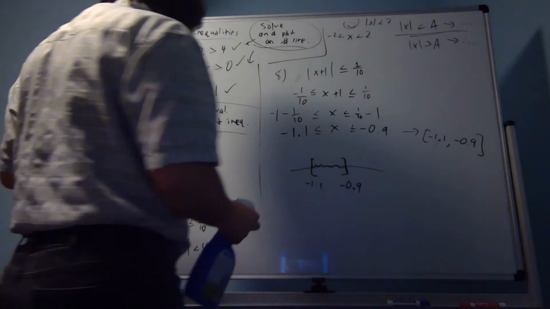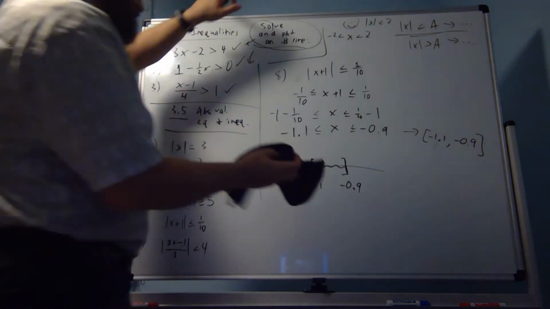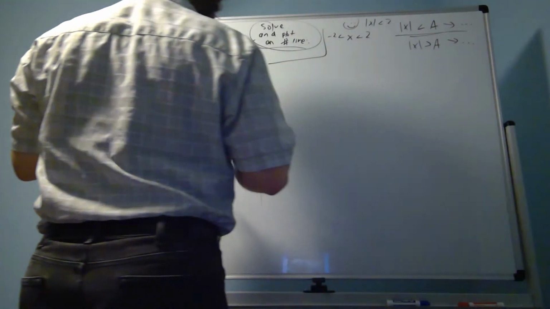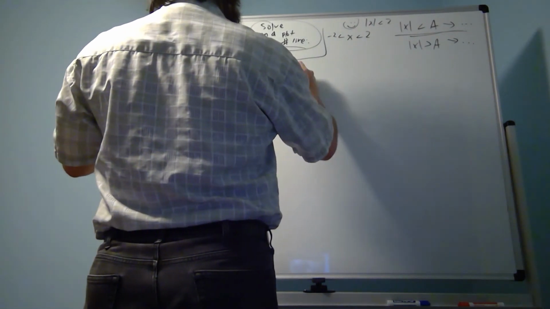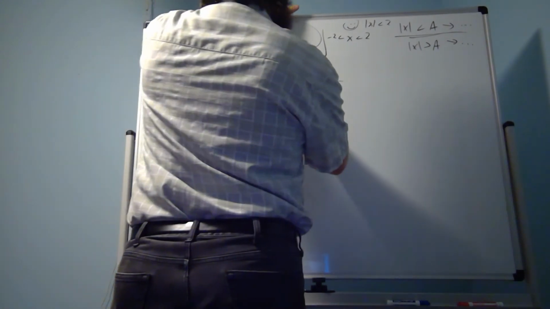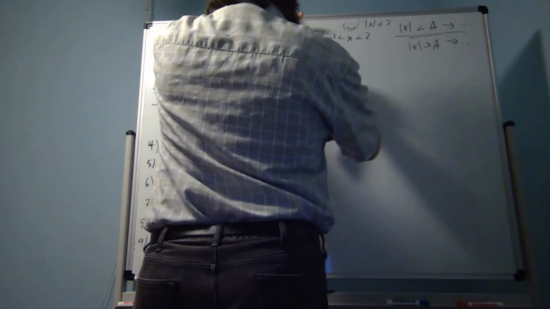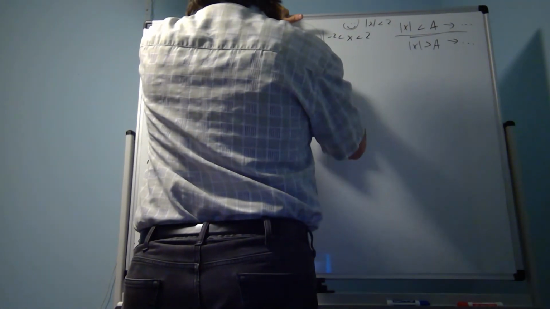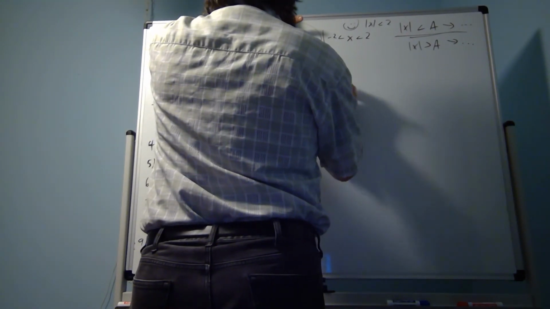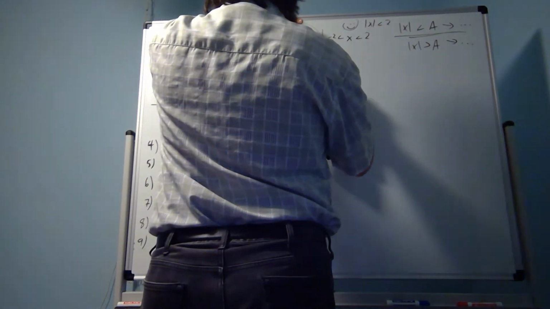Okay, so number 9. Let's do 9. Multiplying or dividing, I could distribute the absolute value and then simplify at first, but there's no advantage or disadvantage here.